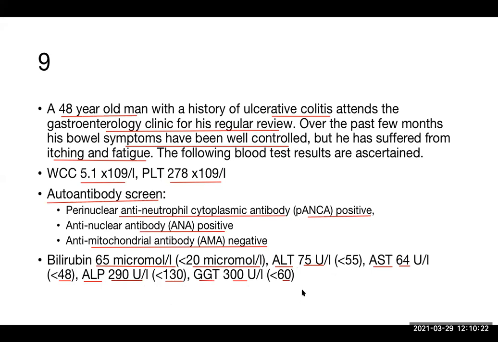Sir, obstructive jaundice. He's saying obstructive jaundice. Yes. Any other? Pathology here in the biliary tract, sir.